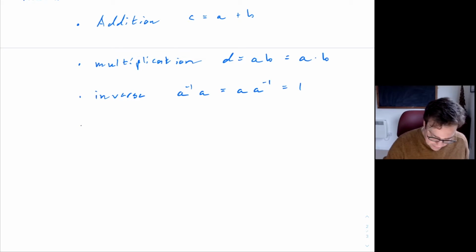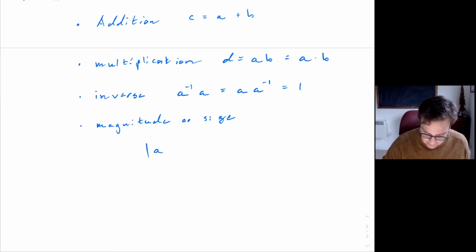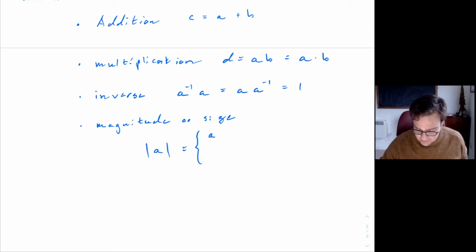And then the last thing I'll comment on is that you have some notion of the magnitude or the size. You write that as these vertical bars around A. You read it sometimes as the absolute value of A or the magnitude of A. And it's just the number A itself if A were positive or non-negative, and it's minus A if A were negative.